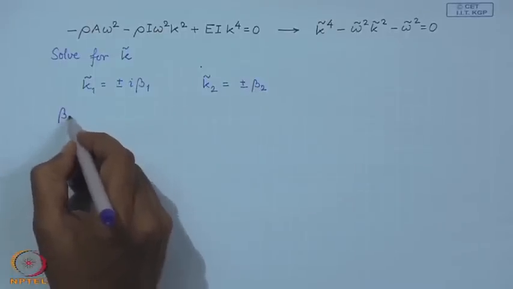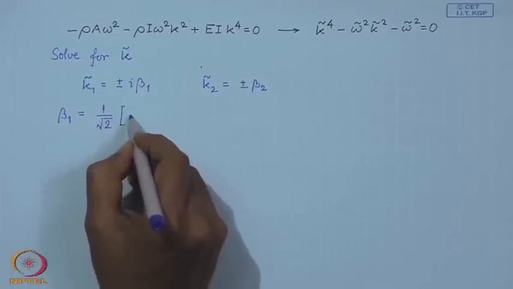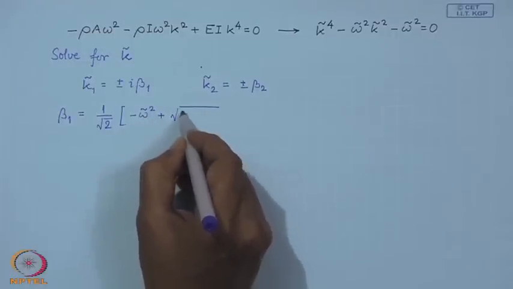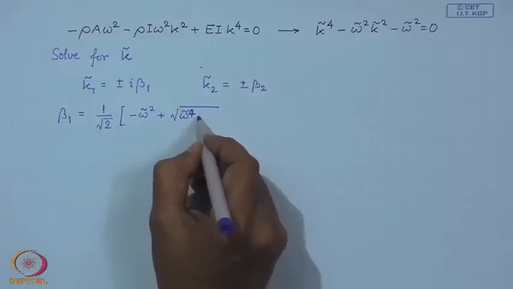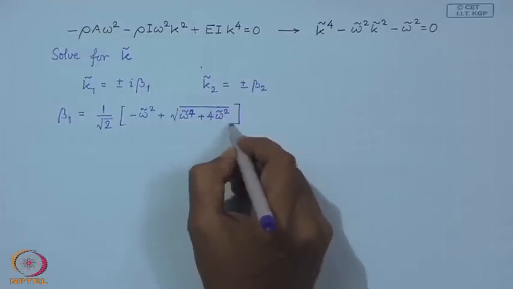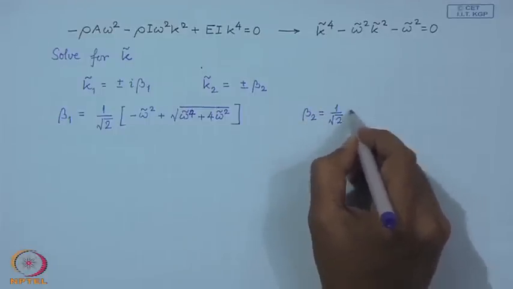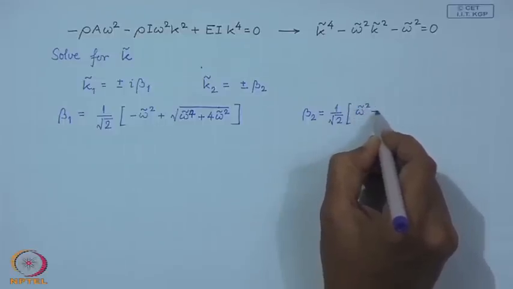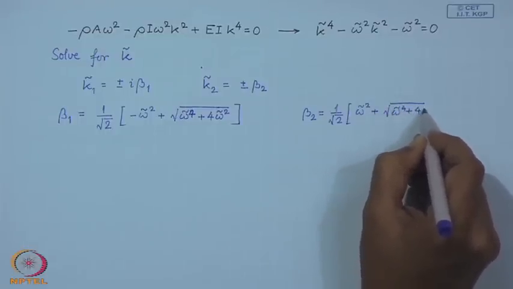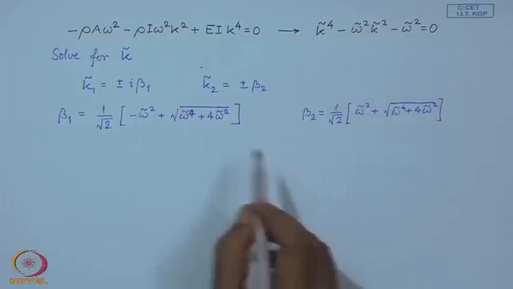So, here beta 1 is, and beta 2 is, which you can very easily find by solving this and representing.